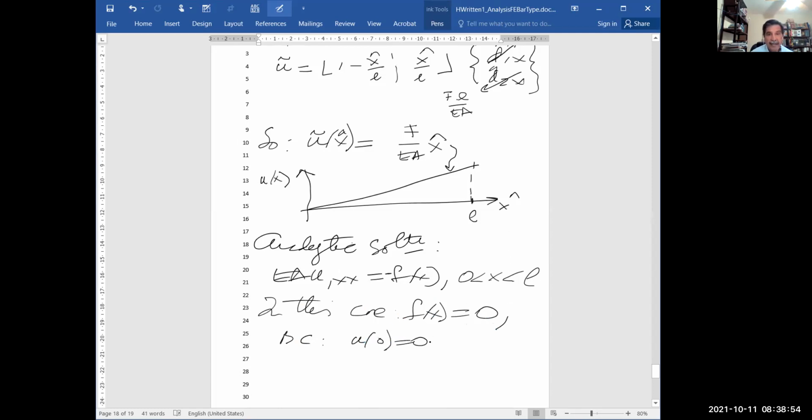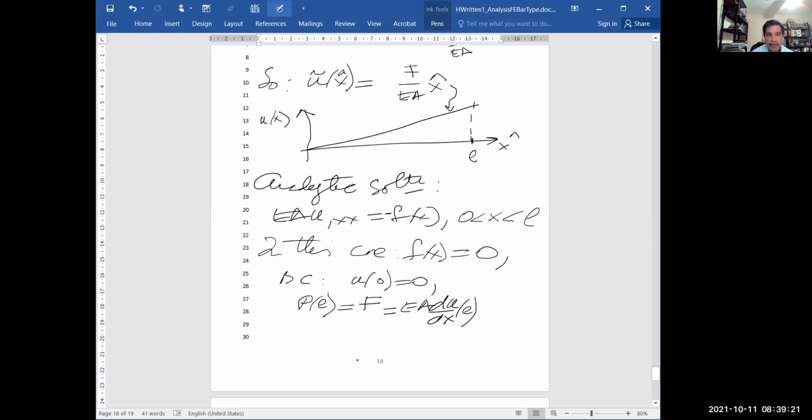And on the right-hand side, you see that P at L is equal to the force F. And we know that P is equal to EA du dx at L. So as we said before, we have that the derivative at L is equal to F divided by EA.